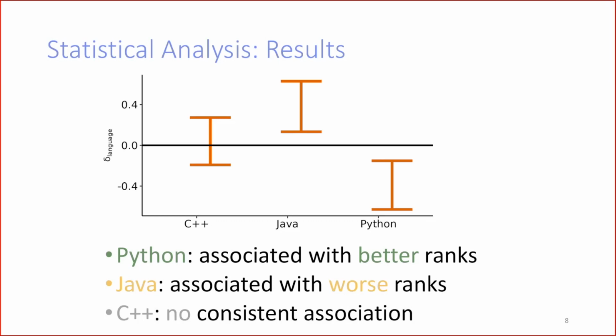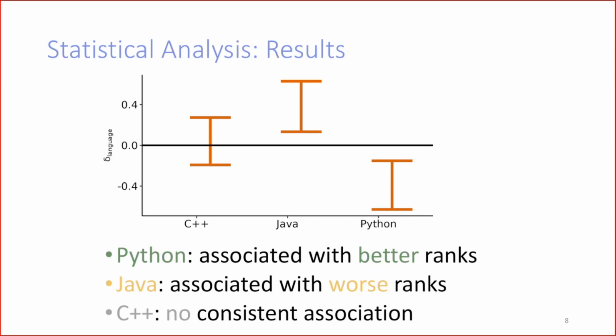So it's a reduction of the rank, and lower rank means better. So that means Python is associated with better ranks. It seems that Python is associated with the programmers doing better in this context. Instead, C++ is a wash because it's smack in the middle, so we cannot really say much. And Java is associated with worse ranks.